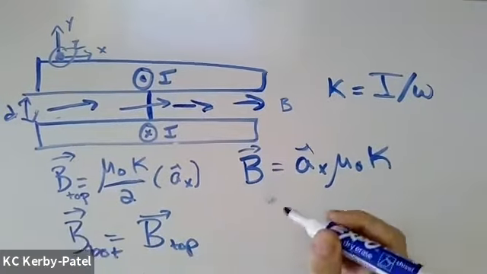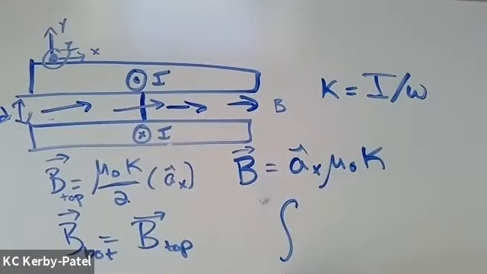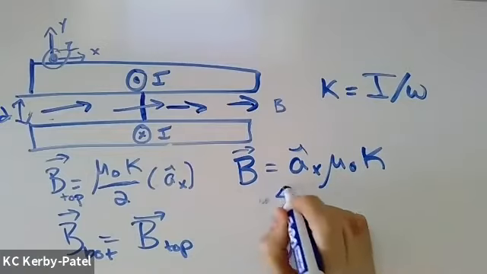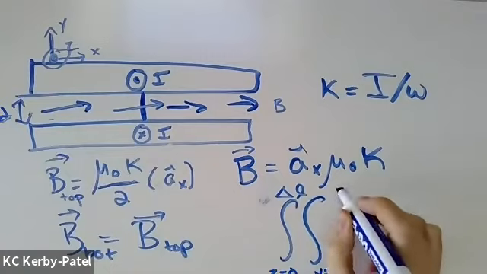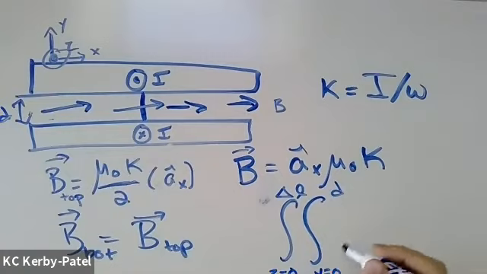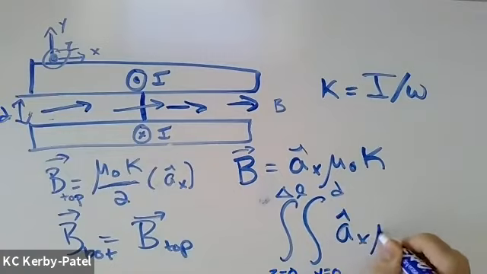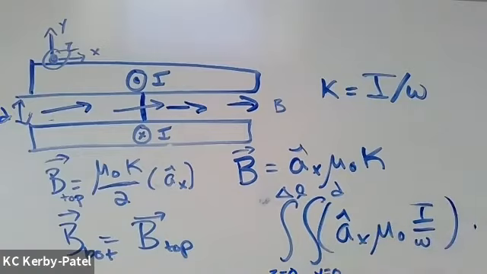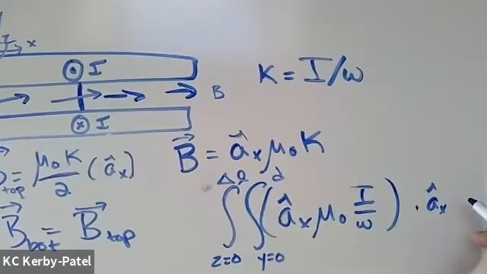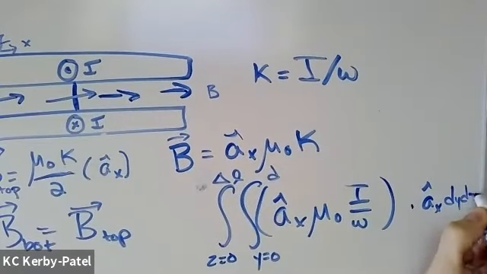So when I evaluate that integral, it's going to go from z equals 0 to delta L, y equals 0 to d, of a hat x mu naught I over W dot a hat x dy dz.